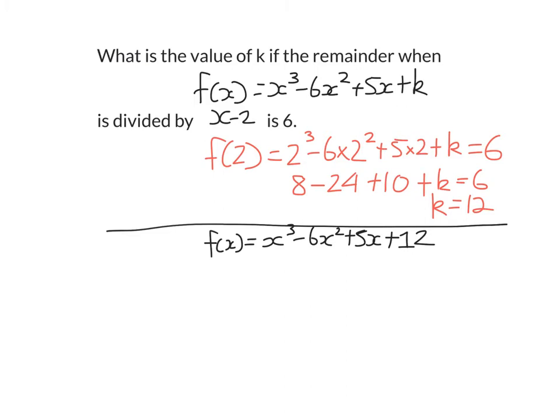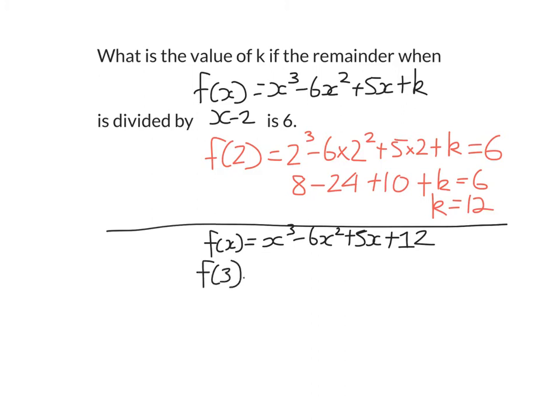If I don't know any factor, what I do is try positive and negative factors of this number here. I substitute those numbers for x and see which makes them equal to 0. I only need to come up with one factor. I'm obviously not going to try f of 2 because I know that x minus 2 is not a factor. But let's try something else. Let's try f of 3.